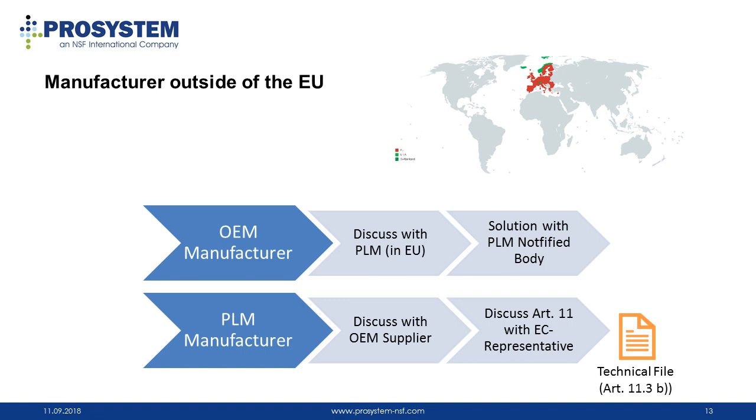So the EC representative or the authorized representative needs to have the complete documentation of the product available at their business. So this is something you have to keep in mind and to make sure that they have the documentation available and that you can send them the documentation of the product.